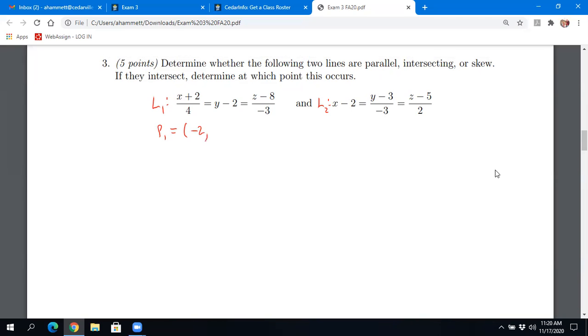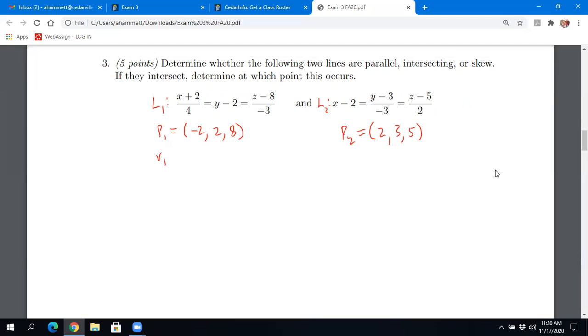So -2, 2, 8 would be a point on the first line. On the second line, 2, 3, 5, make every one of those 0, yeah?